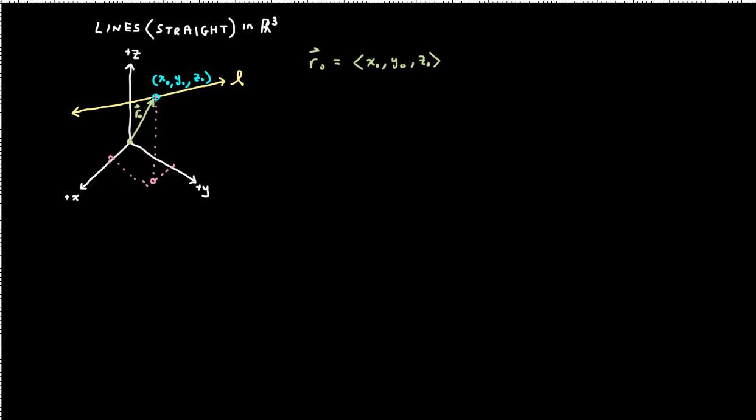Now, we don't just want this terminal point here, we want all the points along this line. So if you take that vector r naught and you add to it a whole bunch of other vectors, so let's say we have a vector here, and the tip of it defines that point, and then another vector, and the tip of that vector defines that point, and perhaps you have one going down this way, and a whole bunch this way.